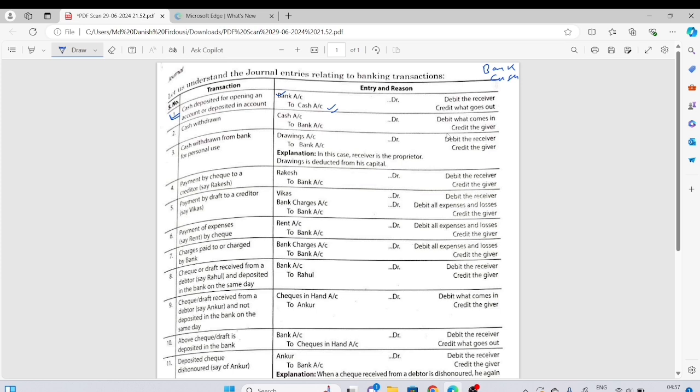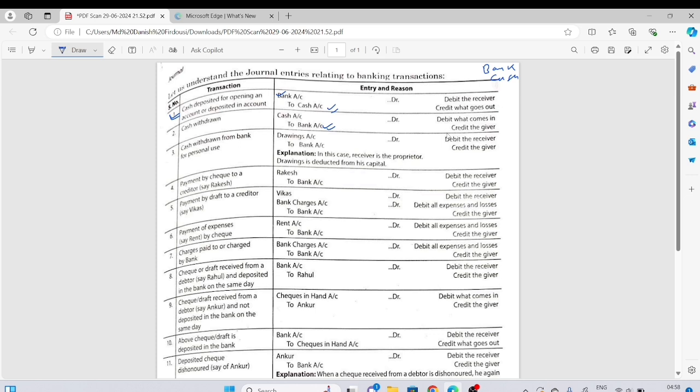Bank is giving you the cash, so here bank will be the credit and cash will be the debit, because cash is the real account and the rule of real account is that debit what comes in, credit what goes out. So at the time of deposit of cash into the bank, the entry is bank account debit to cash account, and at the time of withdrawal of cash from the bank, what entry will we make? Cash account debit to bank account.